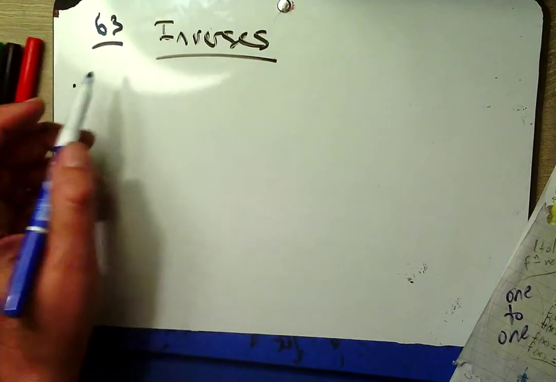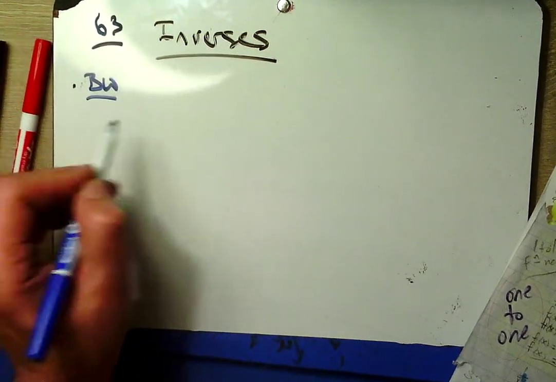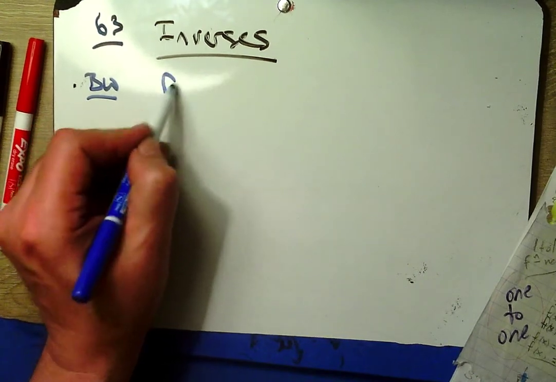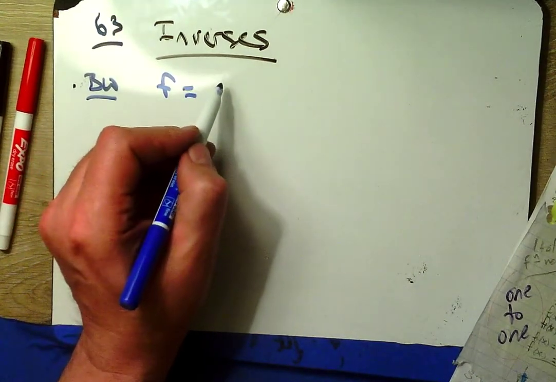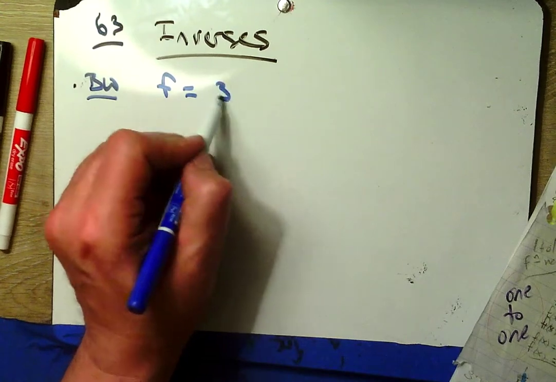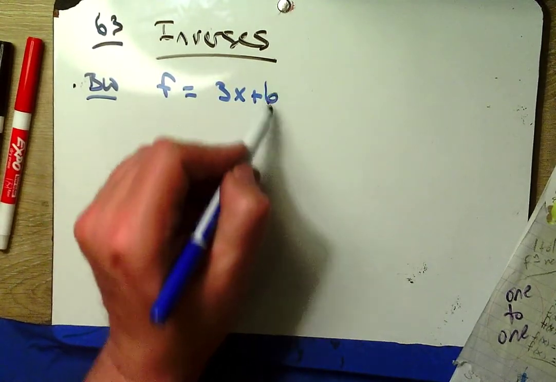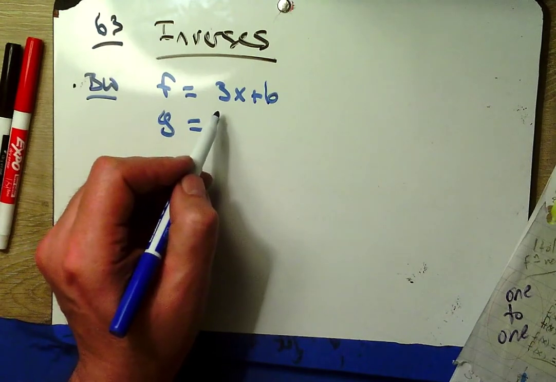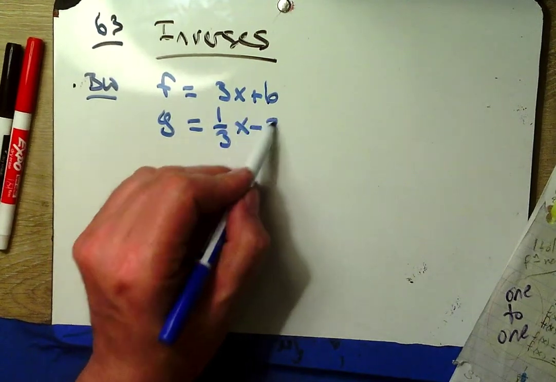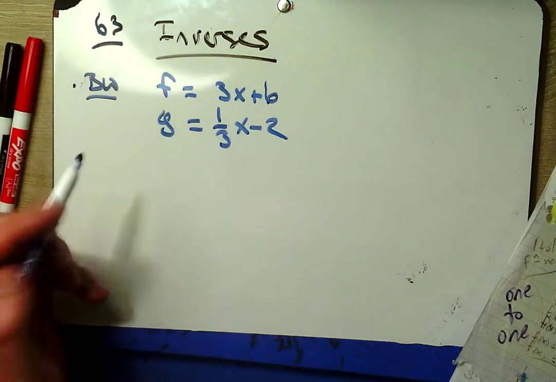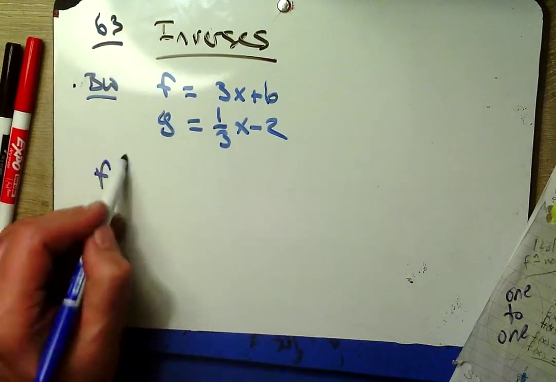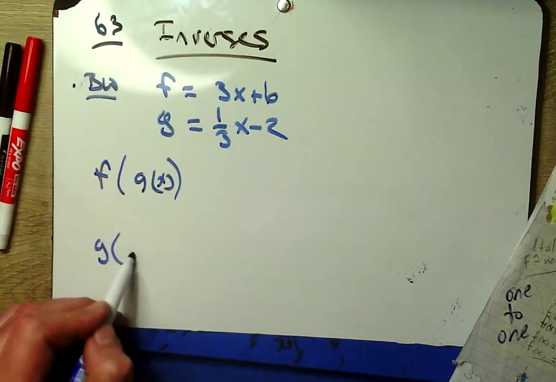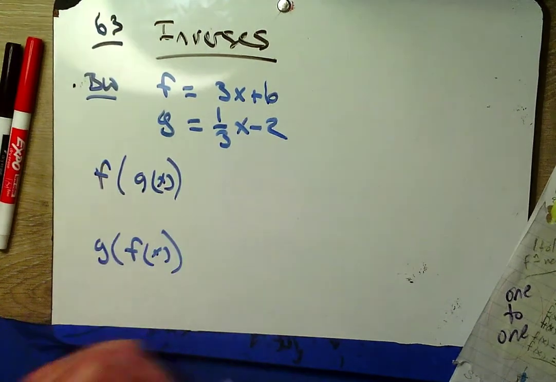And I'd like to look, with some bell work, at these functions. f equals 3x plus 6, and g equals 1/3 x minus 2. Okay? And will you please find f of g of x and also g of f of x?